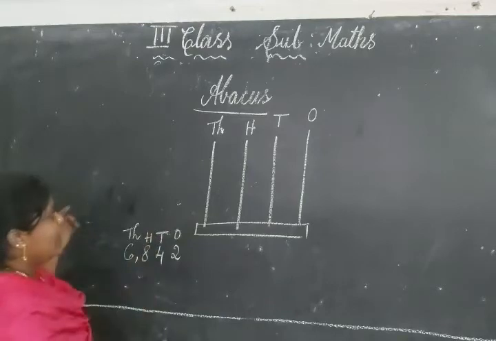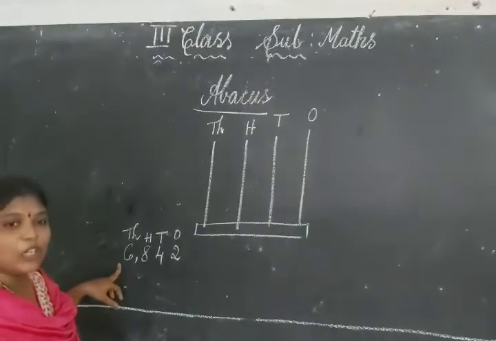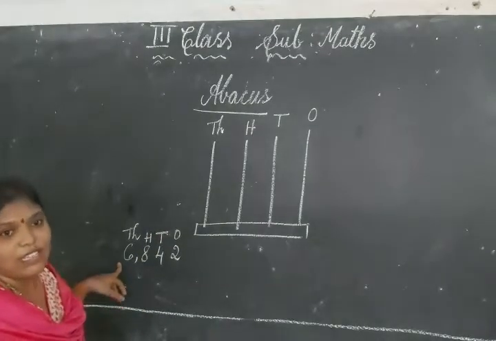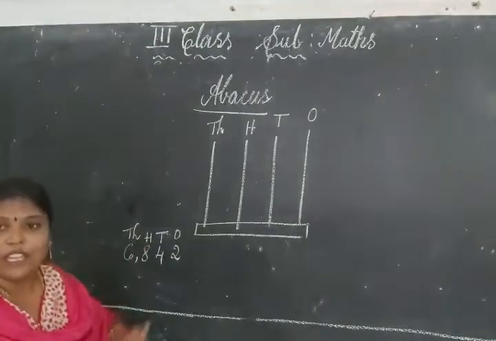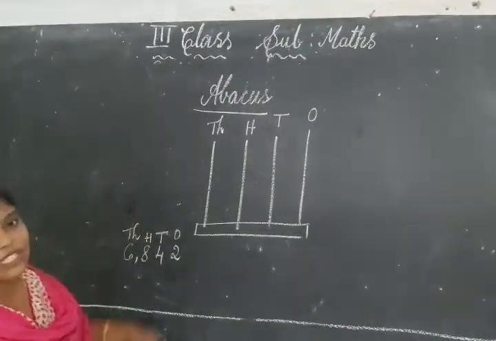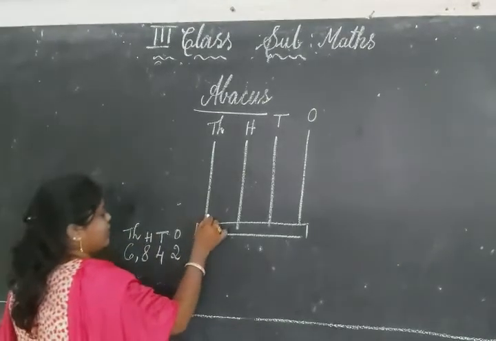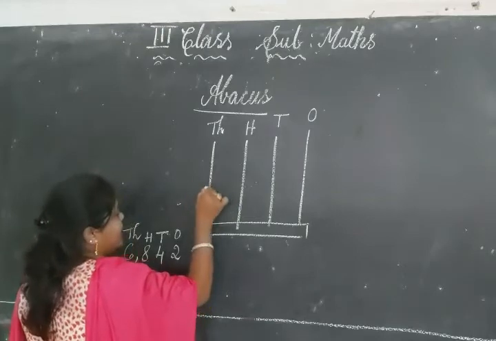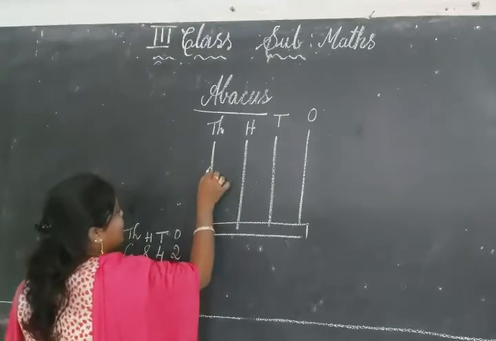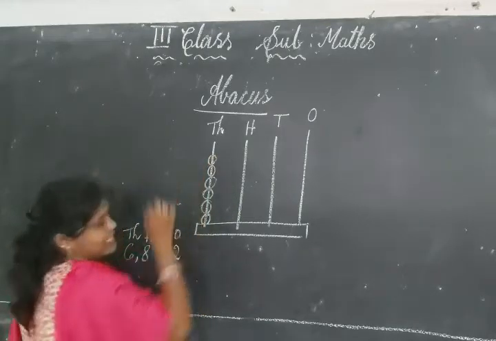Children, here, what is the number? What is the digit in thousands place? It is 6. So, draw 6 beads on thousands rod. 1, 2, 3, 4, 5, 6.